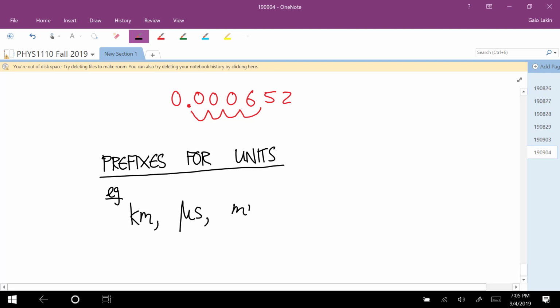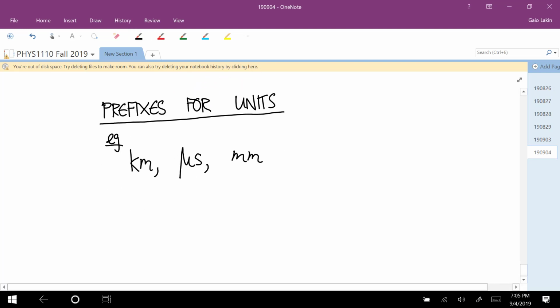Millimeter. So there are basically like 5 important prefixes for us. There are a lot more than that, but those are the ones that we're going to use in this class a lot. And so first I want to just list out what they mean.